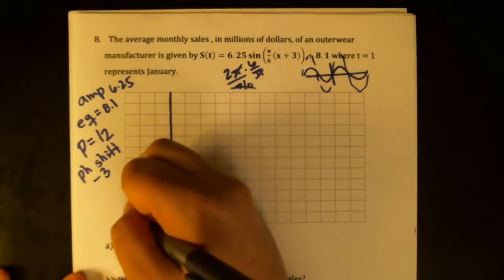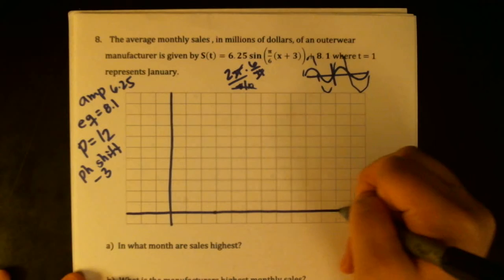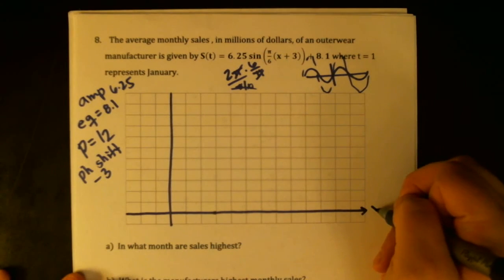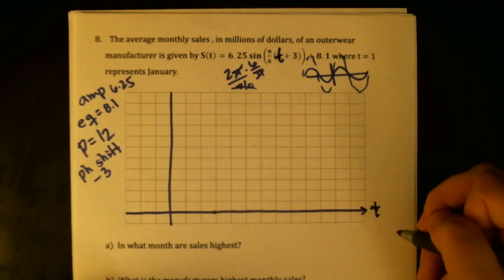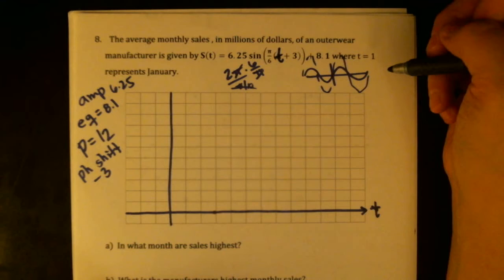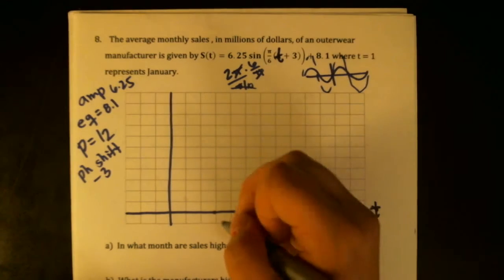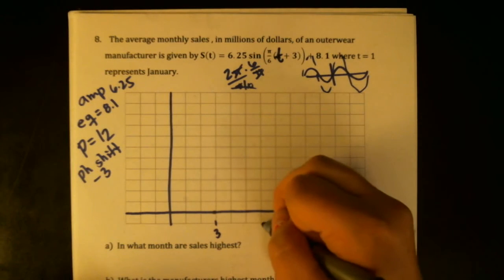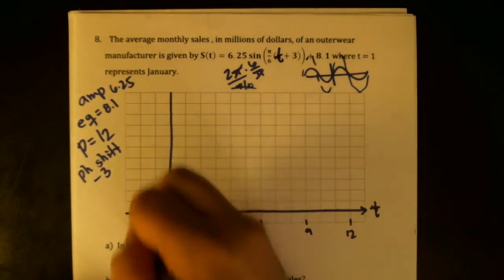So I'm going to put my x-axis way down here. Okay, so this should be a t. This is t, and we know that t equals 1 is supposed to represent the month of January, t equals 2 is February, and so on. So I am seeing 3, 6, 9, 12 months here.